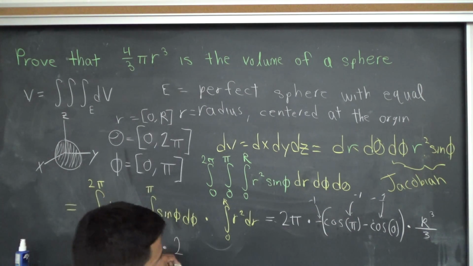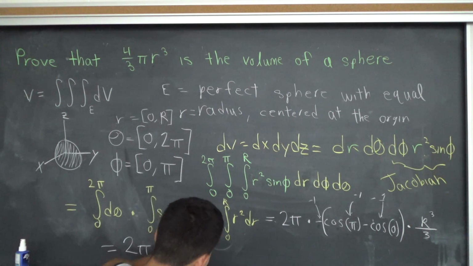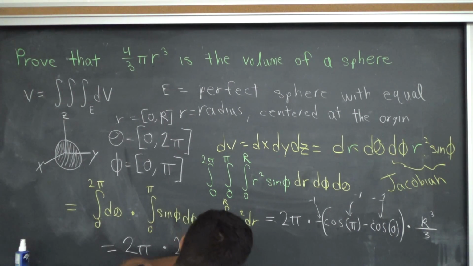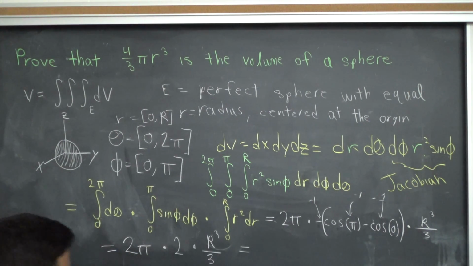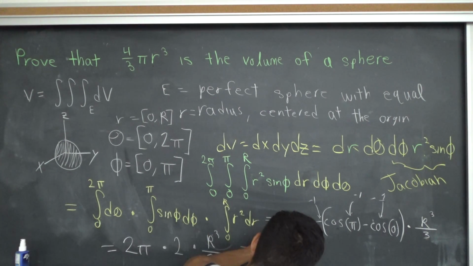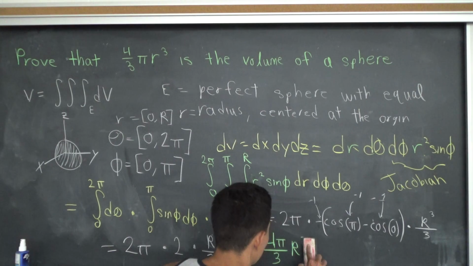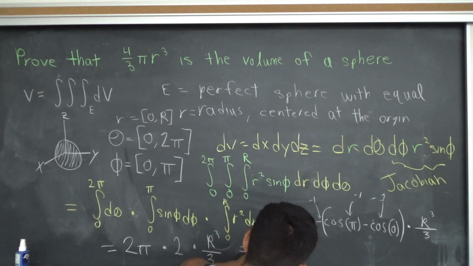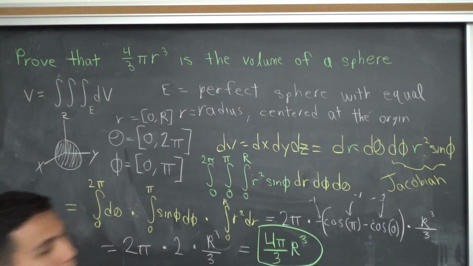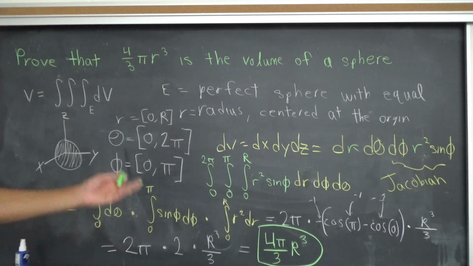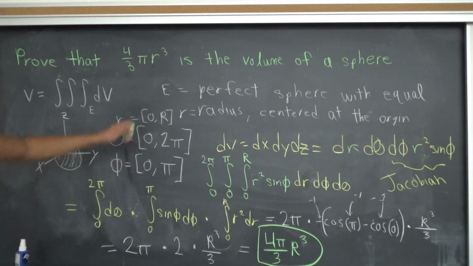So we get 2 pi times 2 times r cubed over 3. What is that going to be? 2 pi times 2 is 4 pi, so 4 pi over 3 r cubed. Oh my god, I can't write the r cubed. There we go. Look at that. See? That is the volume of a sphere.